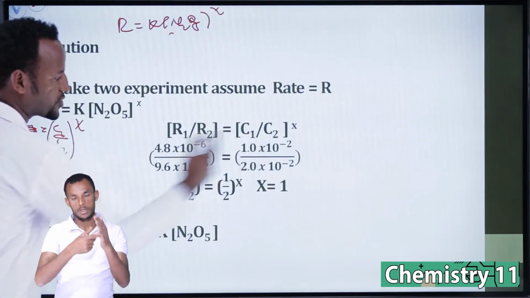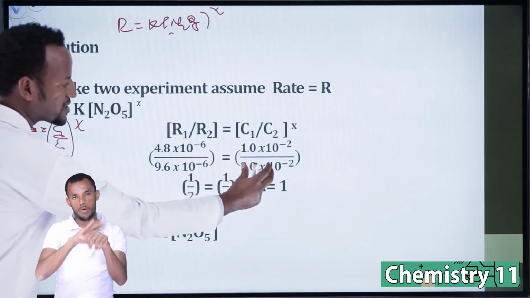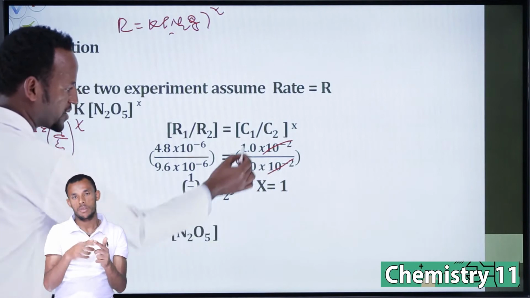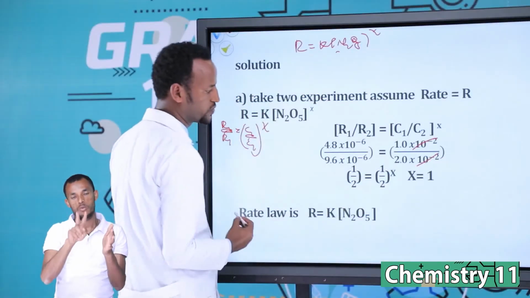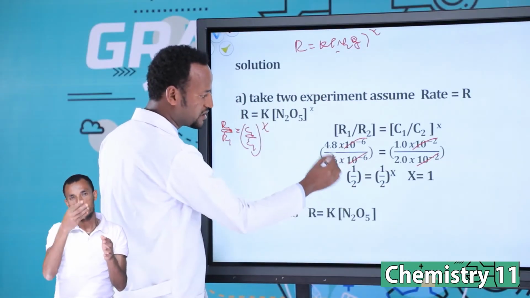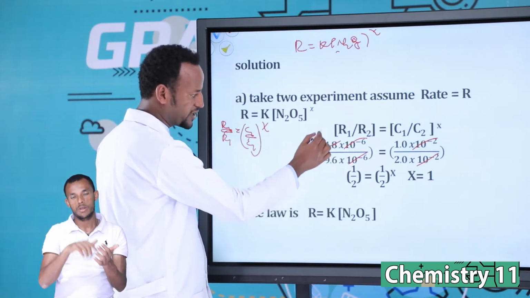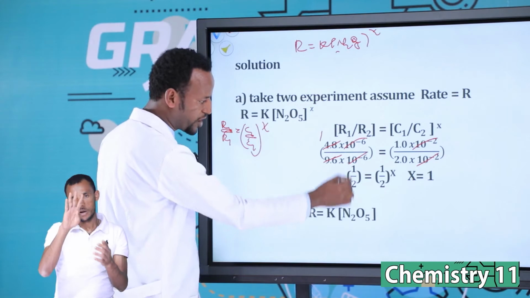C1 is the concentration of the first one, C2 is the concentration of the second one. Therefore, 10 raised to minus 2 cancels with 10 raised to minus 2, which leaves 1 over 2. Then 4.8 over 9.6 is also 1 over 2.